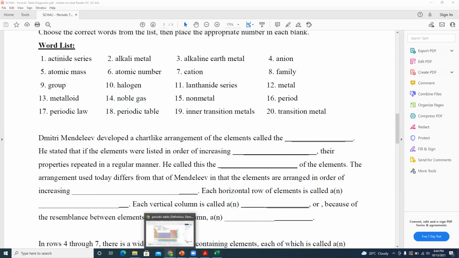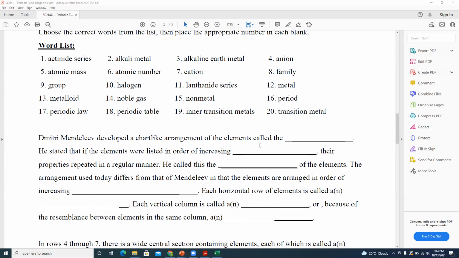So let's see. Dmitry Mendeleev developed a chart-like arrangement of the elements called the periodic table, right?